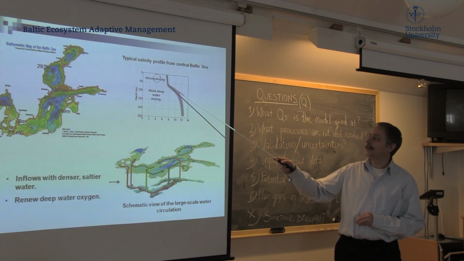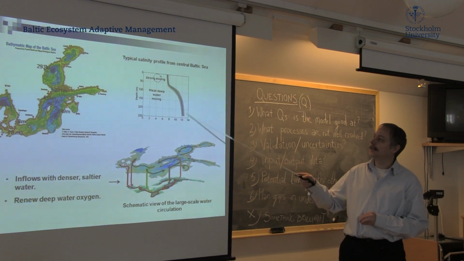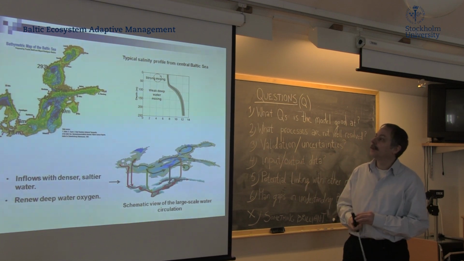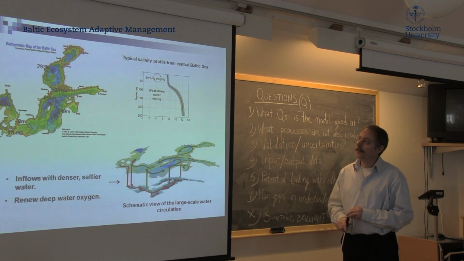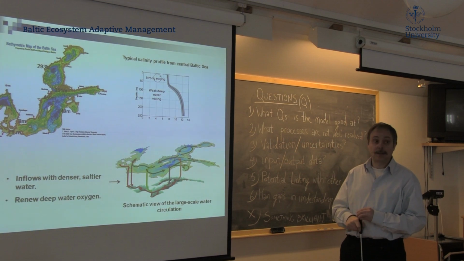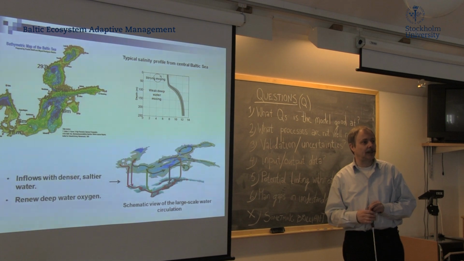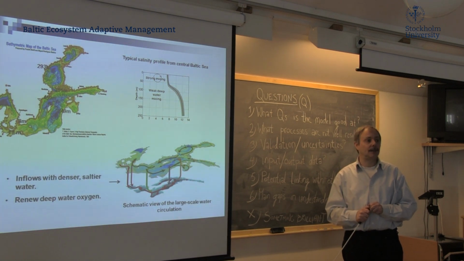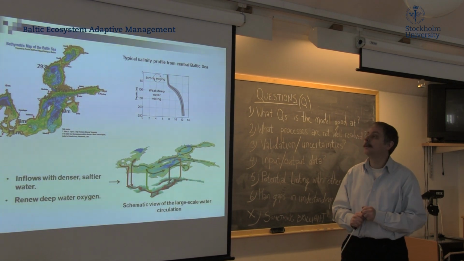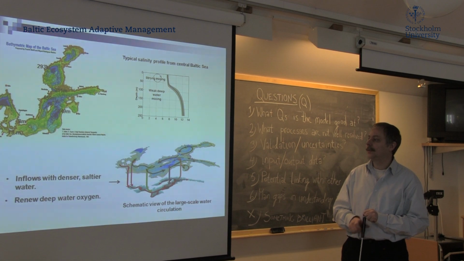And then you have a jump layer, which is called the halocline, and then the stratified deep water with weak mixing. And that is actually special for the Baltic Sea, that there are no tides, or the tides are very unimportant. So therefore the physics are very much different than from the North Sea, for instance.